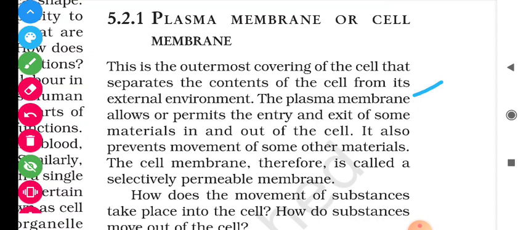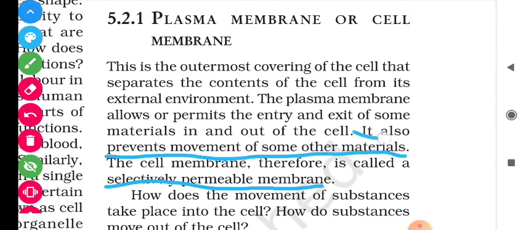In the exercise or in the examination, one question might ask you why the cell membrane is called a selectively permeable membrane. Because of this characteristic of the cell membrane, it is called a selectively permeable membrane, because it does not only allow and permit other materials to enter or exit the cell, but it also prevents the movement of some other materials.